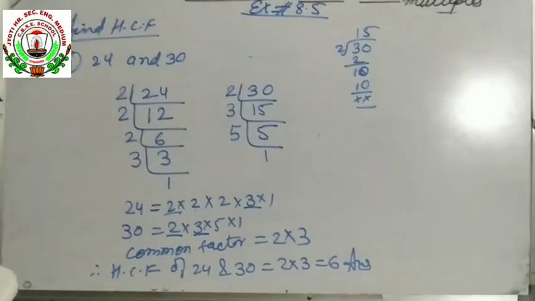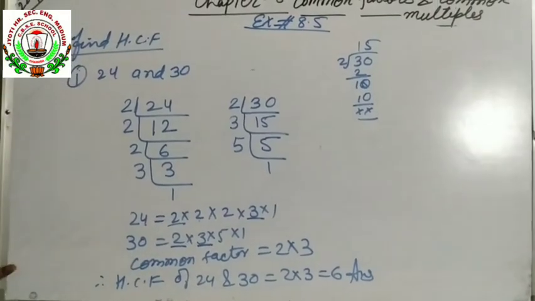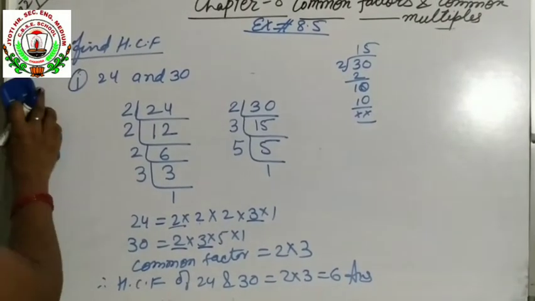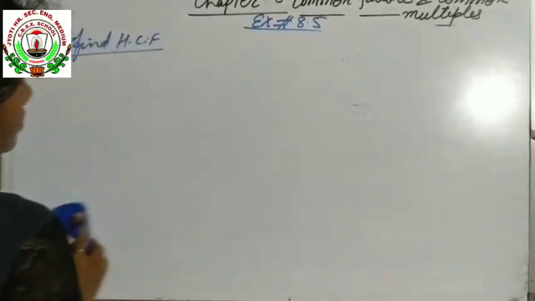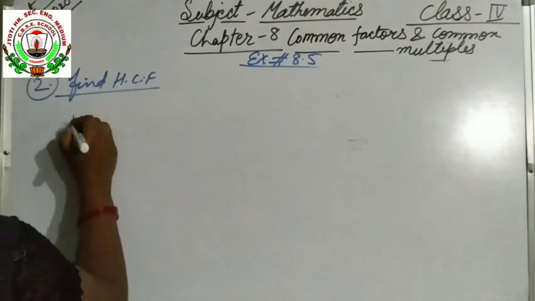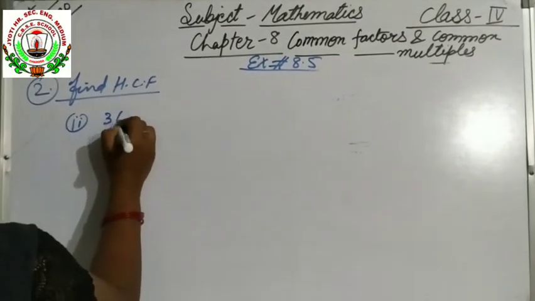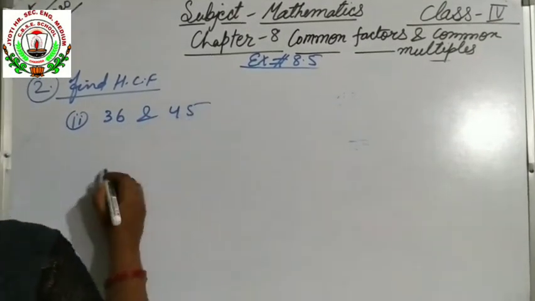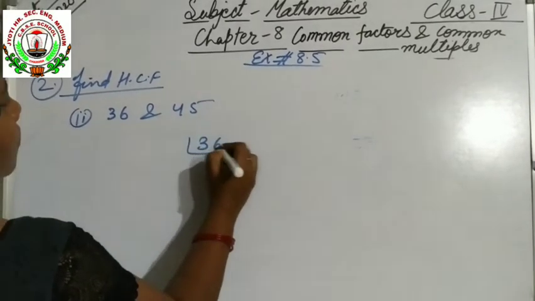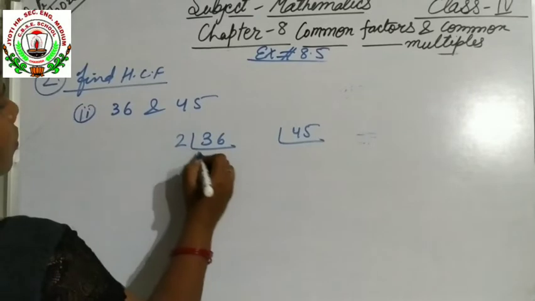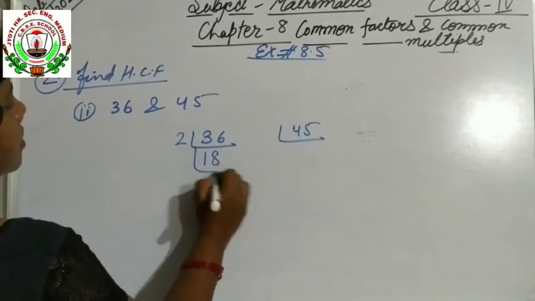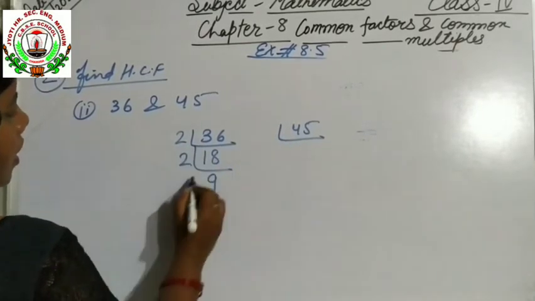Understood? Now you have completed the first question. Now the next one is 36 and 45. Again we will find out the prime factors of 36 and 45. 2 ones are 2, 2 nines are 18.